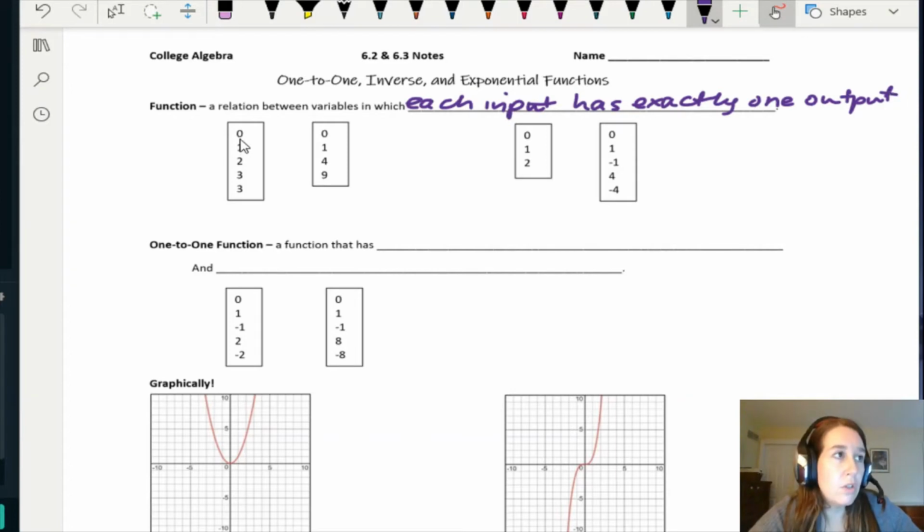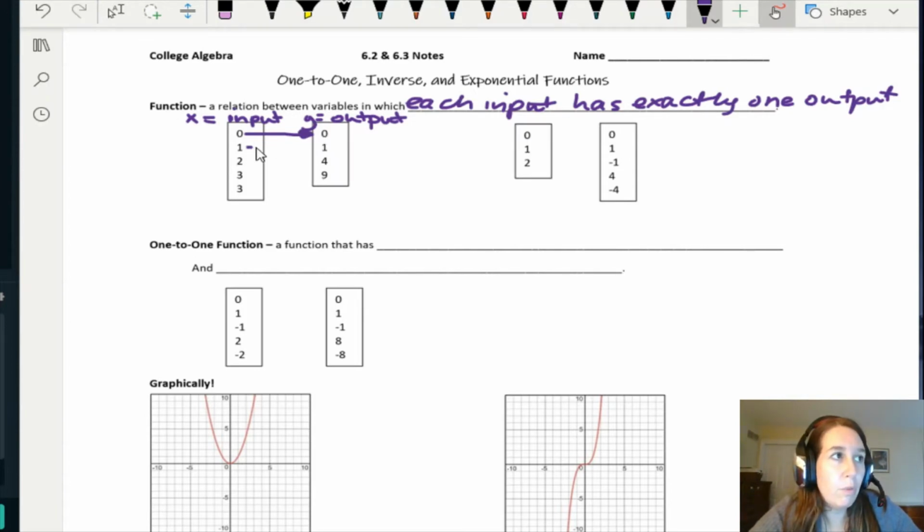Okay, so let's say that in this relation between these two columns of numbers, this is the input. We usually call that X. You don't have to, but it's just the convention that we use X. And then for the output, we use Y. So when we put 0 into the relation, we get 0.